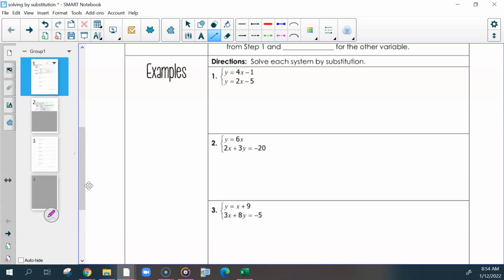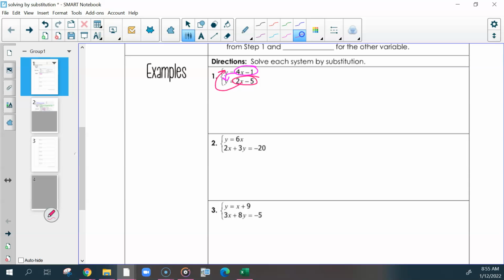In this case, because we have 2 of them, we could do one of 2 things. We can either take this expression from the first equation and substitute it in for this y, or we could take this expression from the second equation and substitute it into the first, where that y is.